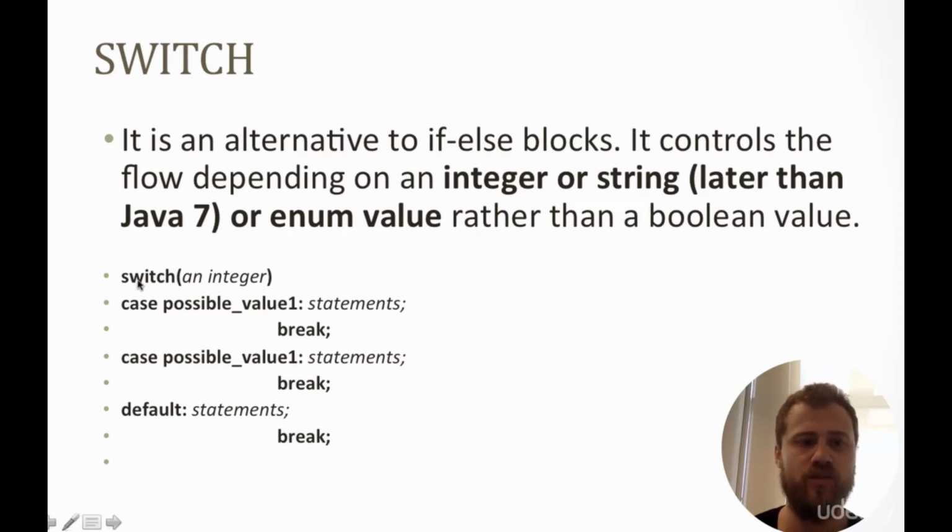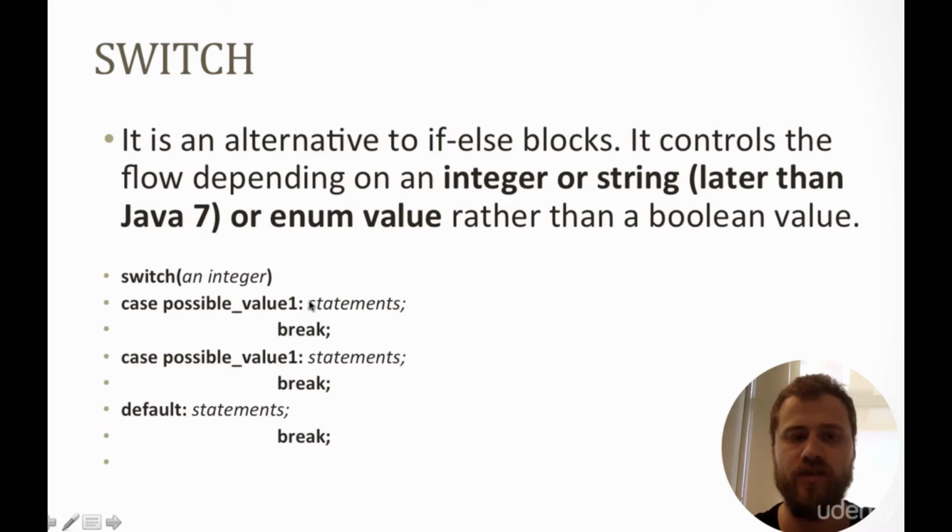The syntax is this: switch, parentheses. Inside the parentheses you put the value to be checked against, and then case, possible value 1. You put the code you want to execute, and then you put a break statement here. The break statement corresponds to the curly braces in if-else statements.